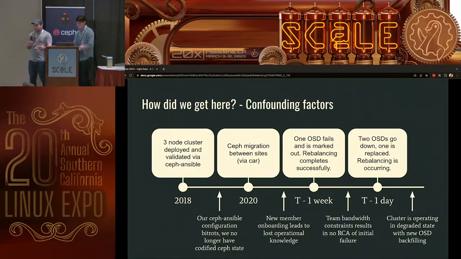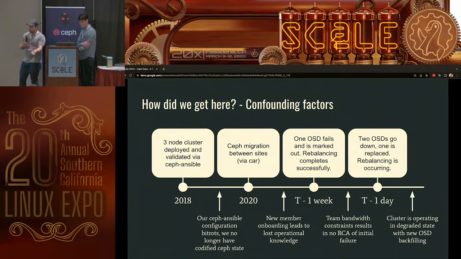Along with this, there were a bunch of other confounding factors. We had this cluster that was deployed in 2018 that we moved between sites. Our Ceph config bit rotted because it wasn't something that we really maintained. It had grown up over time to something used throughout the company and had seen a lot of reliability, so we just hadn't thought to operationalize a lot of this.